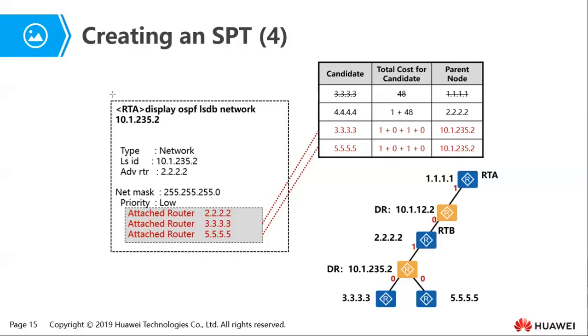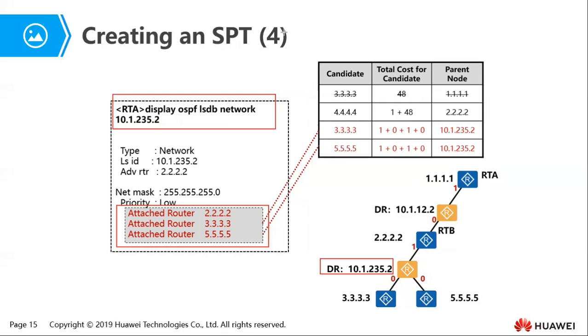Okay, so let's move on. RTA will go ahead and evaluate the network LSA of this particular pseudonode and see the attached routers. Anything that has already been added on the SPT will be ignored, like 2.2.2.2. So the entries 3.3.3.3 and 5.5.5.5 are going to be included now in the candidate list.